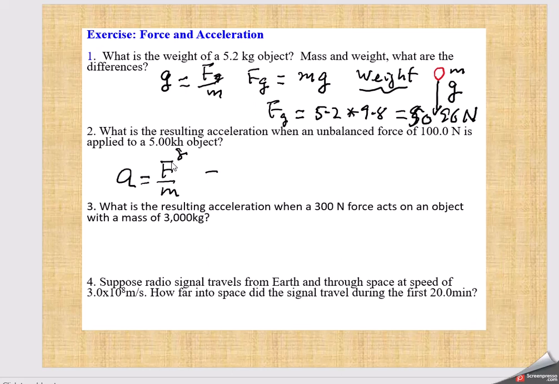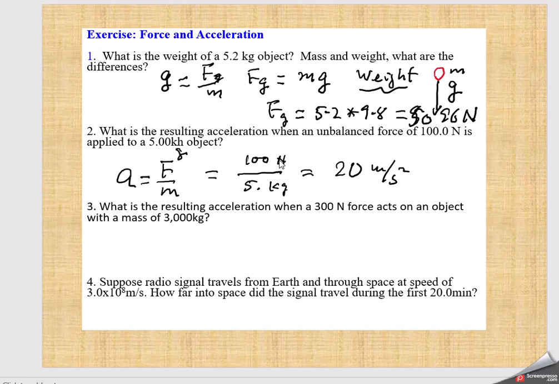In this case, 100 newtons divided by 5 kilograms, and there will be 20 meters per second squared. All right, so the math is simple, but the idea is very significant. The force is proportional to acceleration, and acceleration is inversely proportional to the mass, so mass on the bottom. You just do the calculation, you get the acceleration.